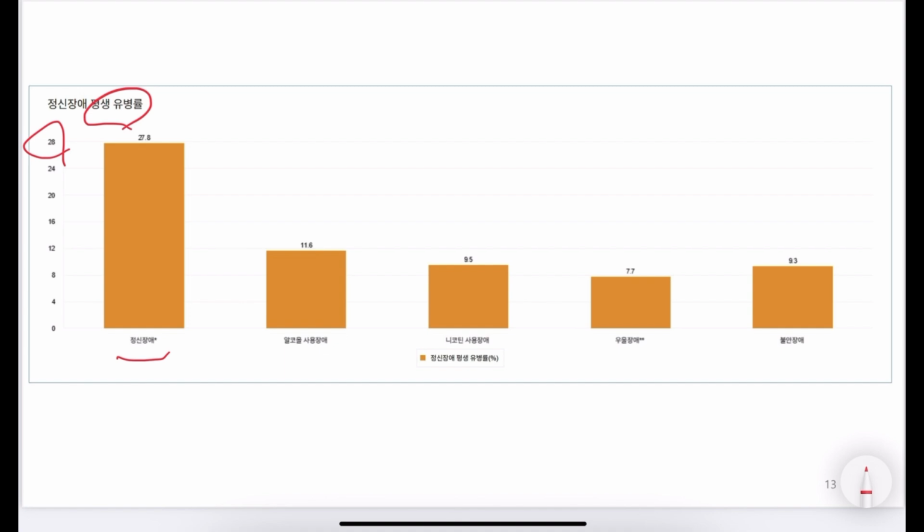By disorder type, alcohol use disorder 11.6, nicotine use disorder 9.5, anxiety disorder 9.3, and depressive disorder 7.7. So putting this all together, we can see the most common mental disorders we observe in everyday life are anxiety and depression.